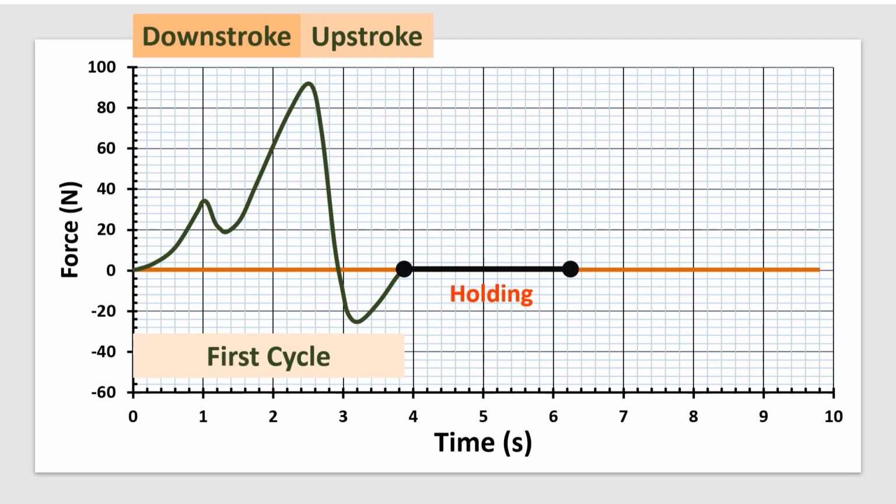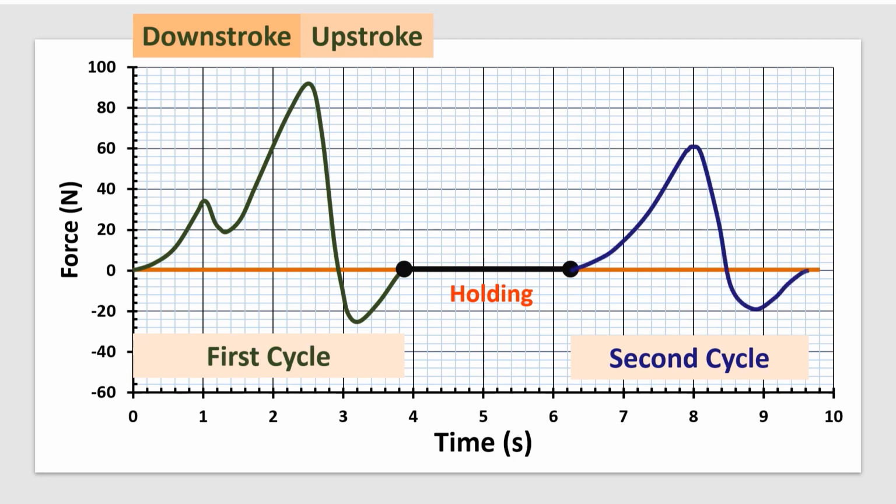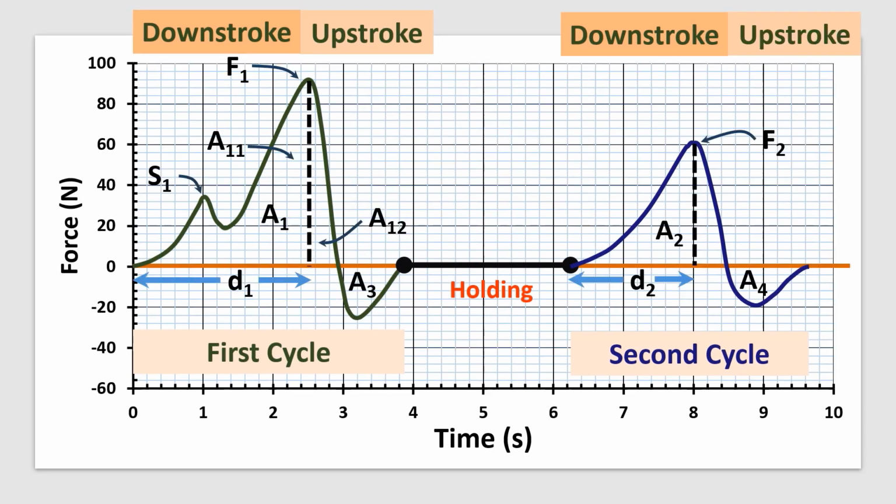After holding time, we could observe the second cycle compression and decompression force time curve, and downstroke or compression cycle and upstroke or decompression cycle. Using this graph, I am going to explain fracturability, hardness, cohesiveness, adhesiveness, springiness, chewiness, gumminess, and resilience.